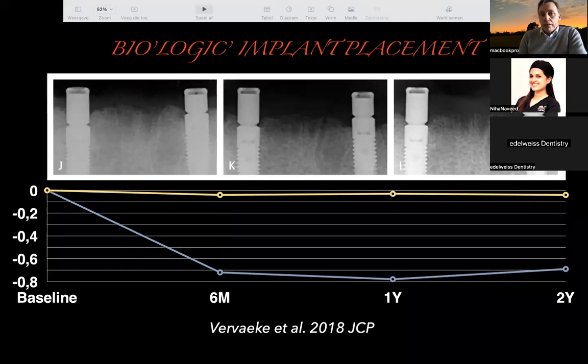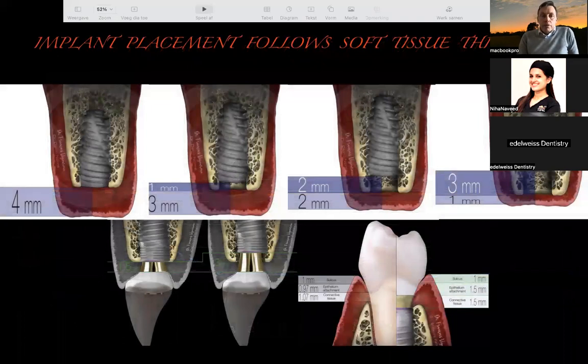We saw that the implant which was placed a little bit deeper, with a higher abutment, had less bone remodeling than the implant which was placed more crestal. After that period of 6 months, the bone stays stable for the next years.